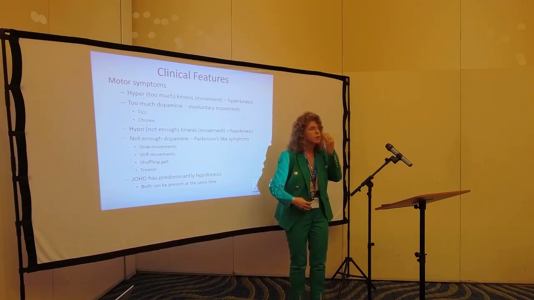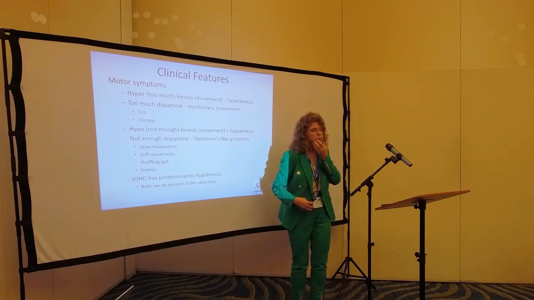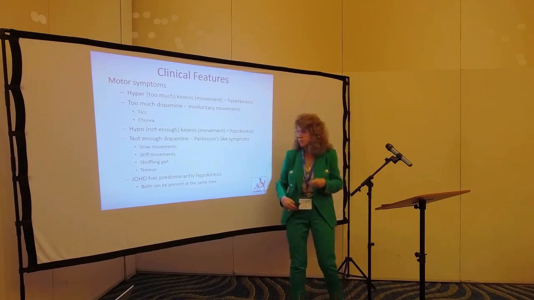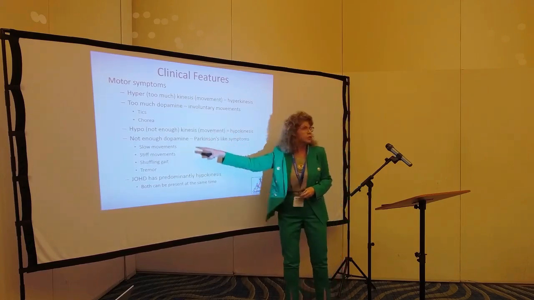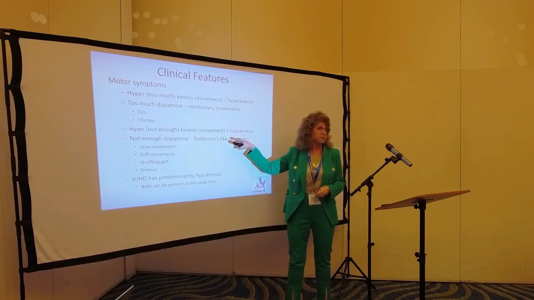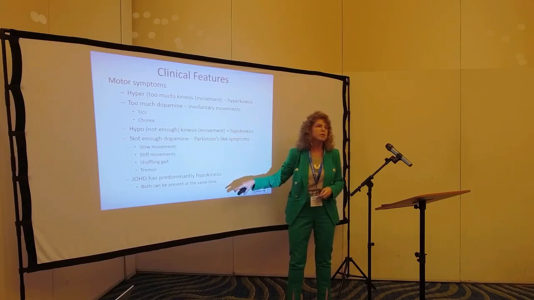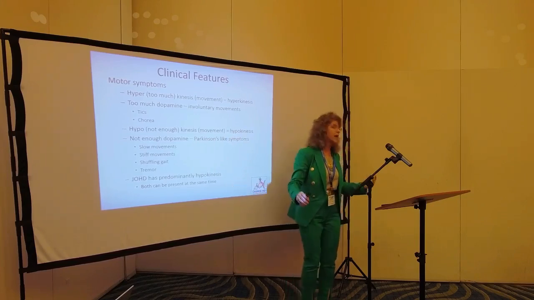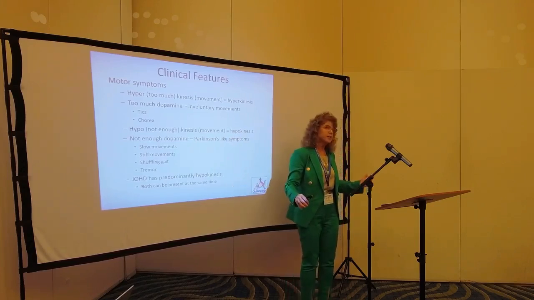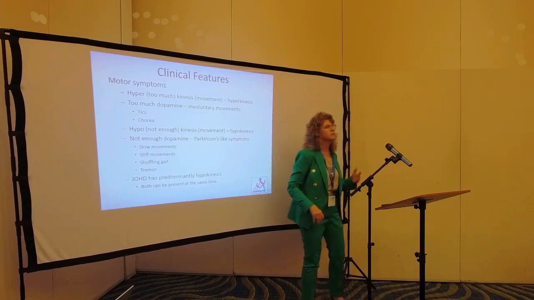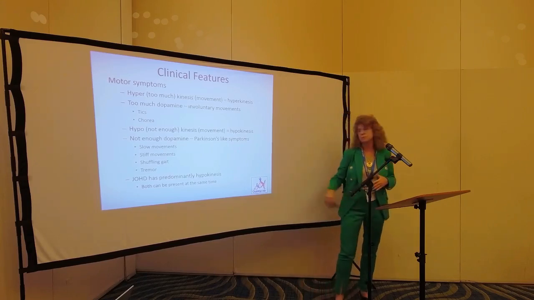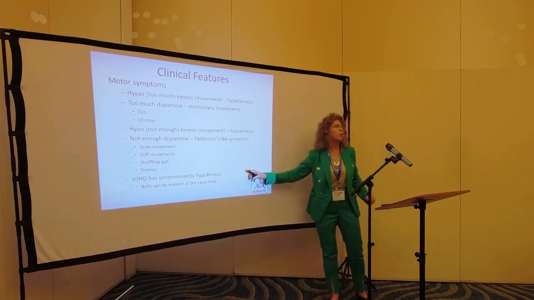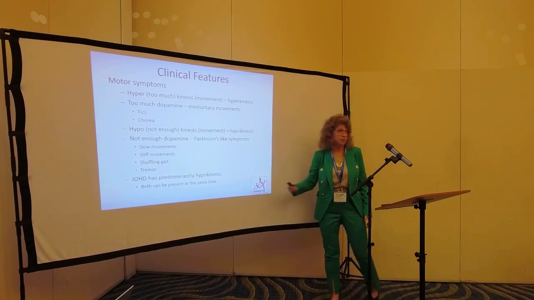When you need to coordinate all of the movements in your mouth to speak, it can be really difficult. And JoHD has prominently, in general, hypokinesis. Really important to understand that they can have both, right? They can have both, but oftentimes by the time the diagnosis happens, most of the motor symptoms are what we call Parkinsonian or hypokinesis.